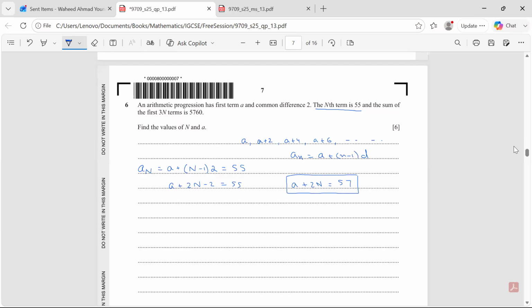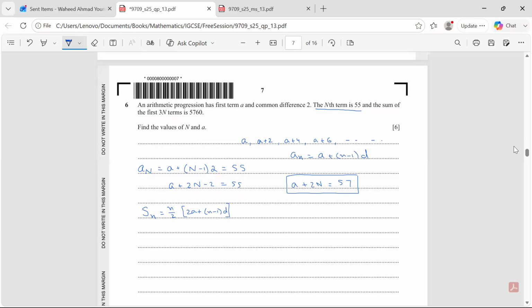Now the second thing, remember that the sum of n terms of an arithmetic progression is n by 2 into 2a plus n minus 1 into d, right?